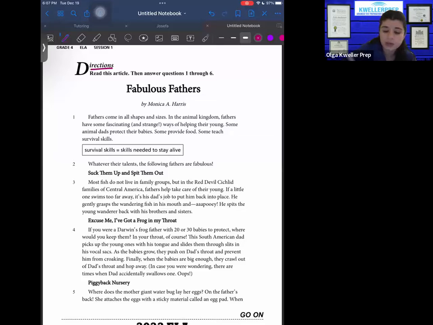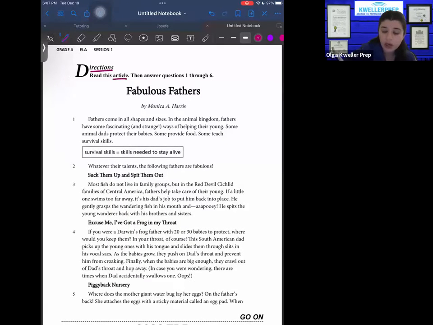So these directions just tell us to read this article and then answer questions 1 through 6. And language is also important. So now we know that it's an article rather than a story or a poem, so it also helps formulate the kind of passage that we're going to be reading.